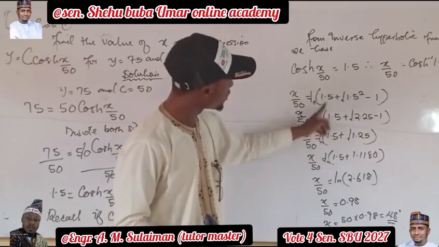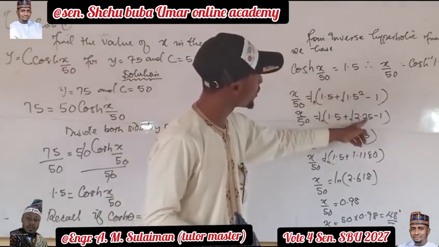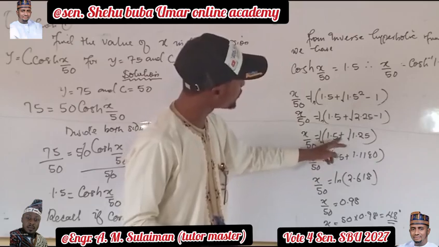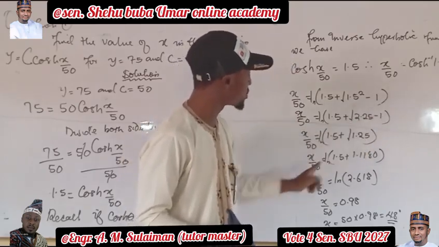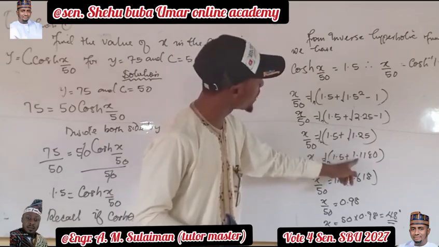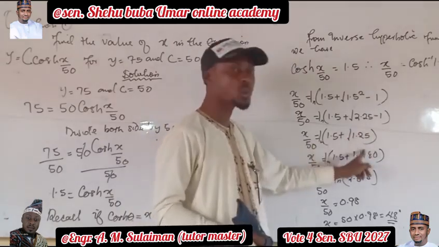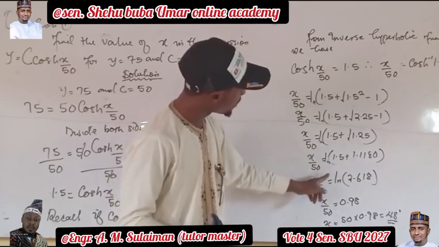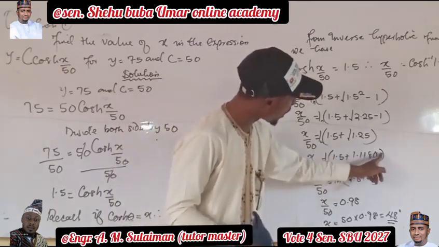X all over 50 equals ln of 1.5 plus the square root of 1.5 squared minus 1. 1.5 squared is 2.25, minus 1 is 1.25, and the square root is 1.1180. So x all over 50 equals ln of 1.5 plus 1.1180.